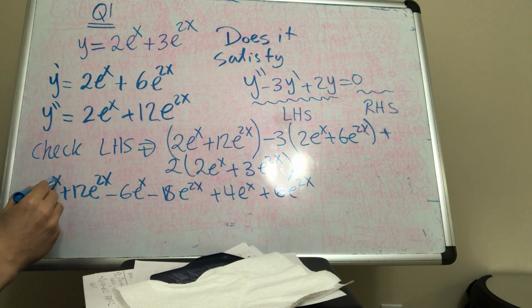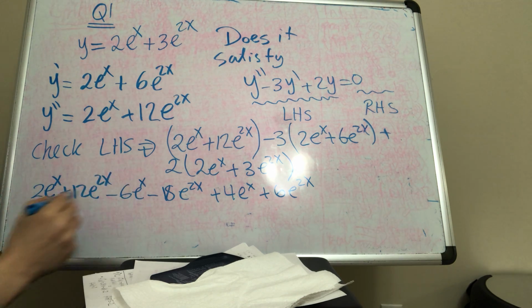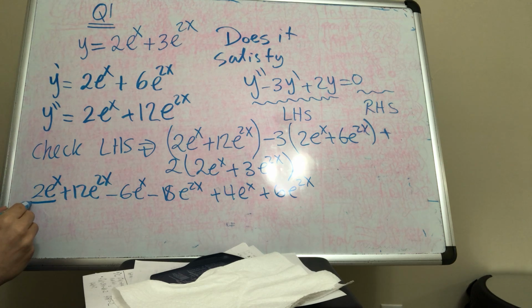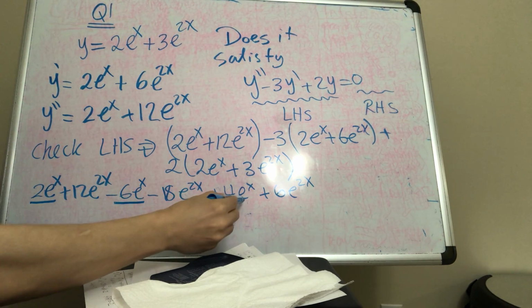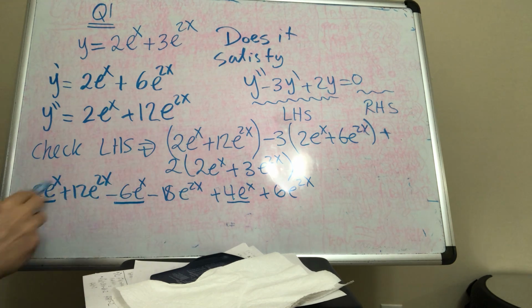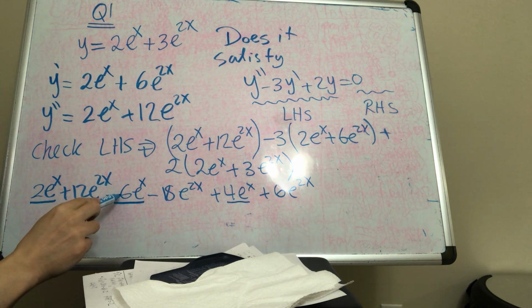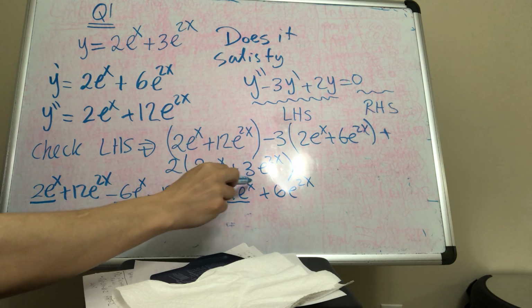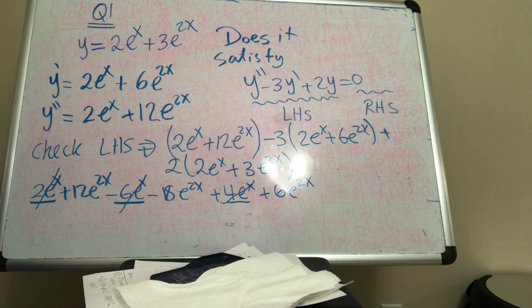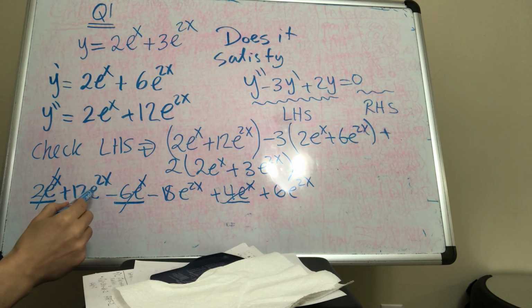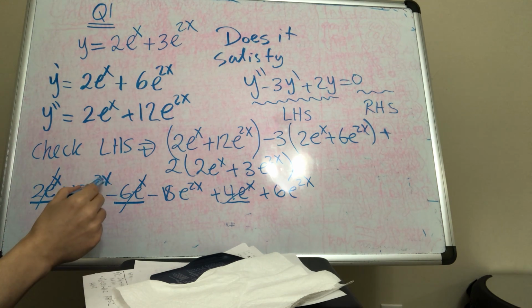Now, let's check the ones where the exponent is x. You have this one, you have this one, and you have this one. And what? 2 minus 6 is minus 4, plus 4, 0. So these are gone. Let's look at the ones where the exponent is e^(2x).